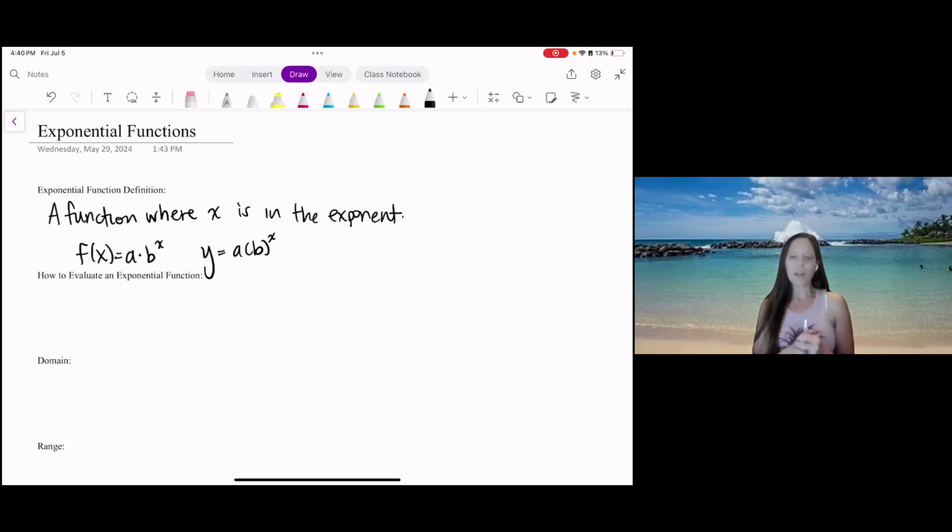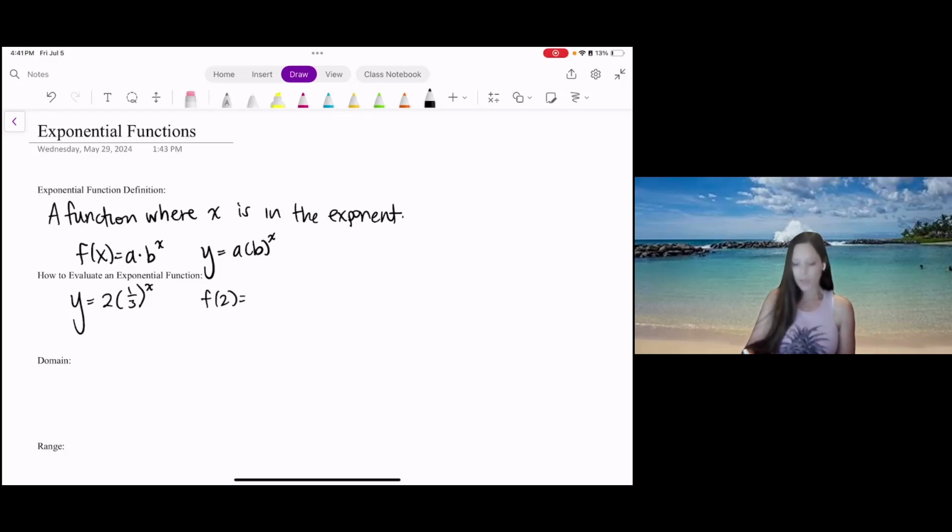The way in which you evaluate an exponential function is you substitute the x value into some given equation. You take the exponent and then multiply it by whatever that constant is to find your value. Let's say I had y equals 2 times 1/3 to the x, and I wanted to find the function value at 2.